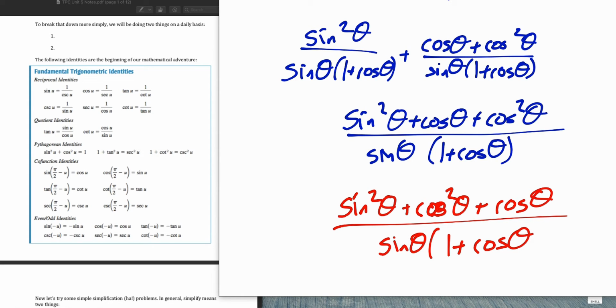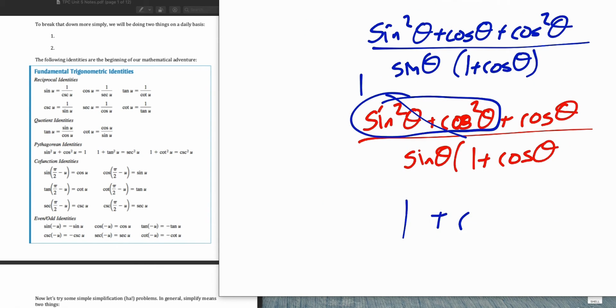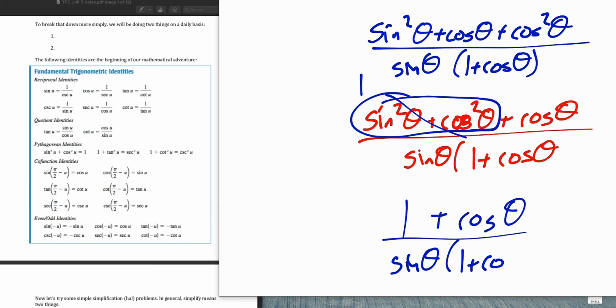Now, sine squared plus cosine squared, we've already used this a couple times, that's just 1. So that's a Pythagorean identity. So we end up with 1 plus cosine of theta over sine of theta times 1 plus cosine of theta.